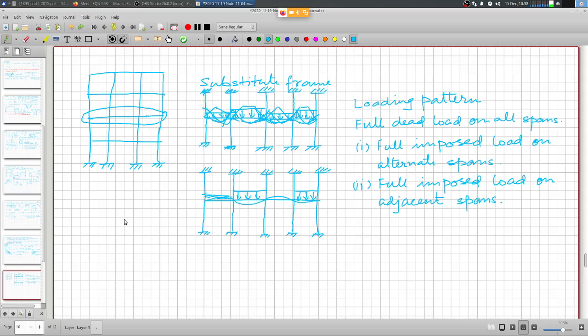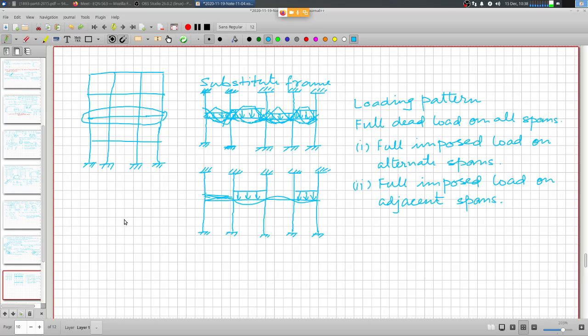we would of course take the seismic analysis, and seismic analysis of course has to be on the complete structure, or even the alternate frame method.